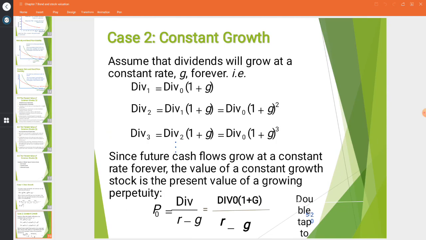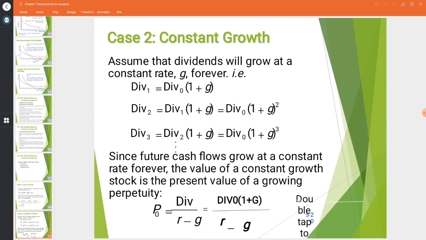And so on. If we would like to generalize this case, we could consider it as a certain type of growing perpetuity. So we could determine the PV as follows.